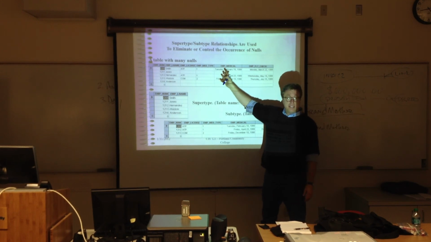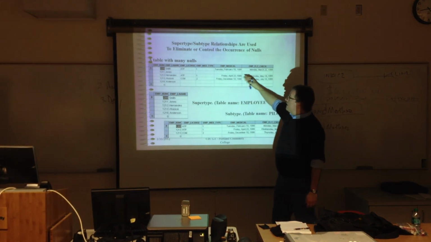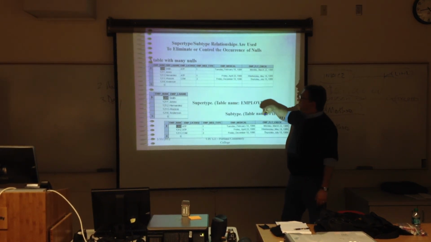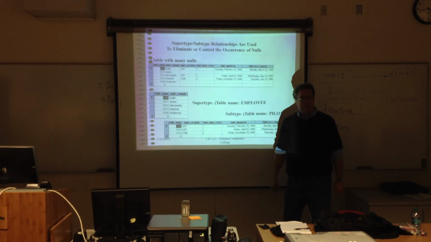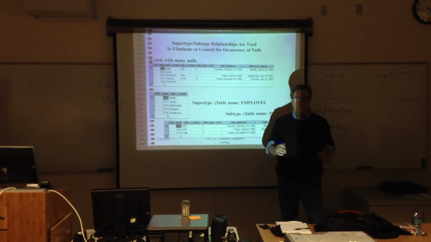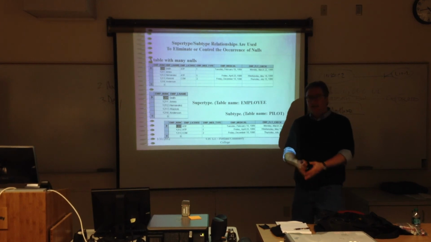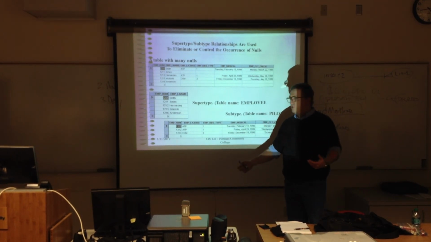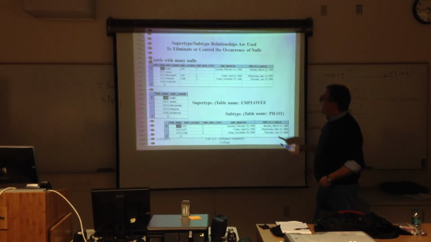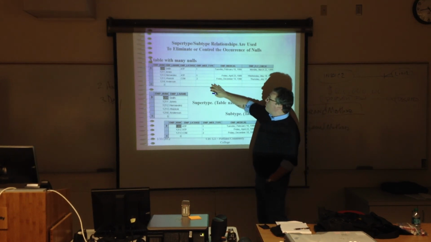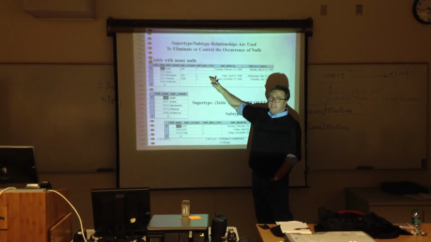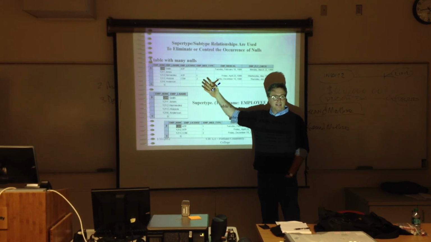So the way you manage this situation is you can eliminate some of these nulls by compacting and by splitting the data. Again, it's a way of improving the database by splitting the database up into two tables. In this case, we've got a company that has pilot licenses.